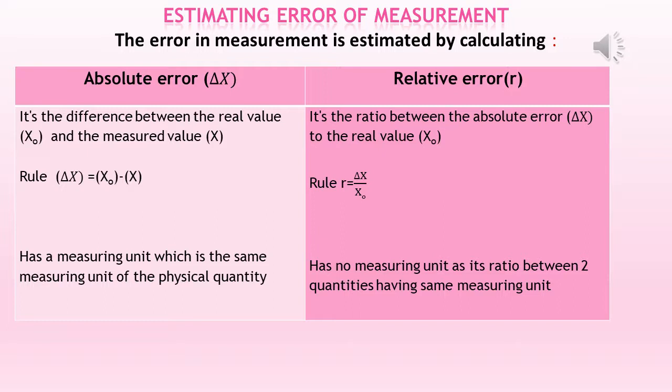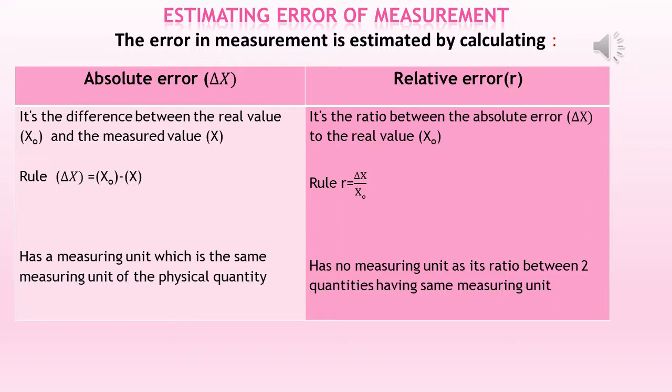When I say my length is 164 centimeters, that is the real value. When someone measures me and says my length is 170 centimeters, that is the measured value. So the real value is 164, the measured value is 170. The absolute error, the difference between them, is equal to 6 centimeters.